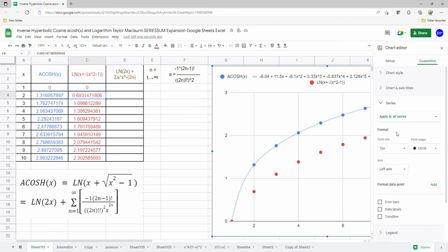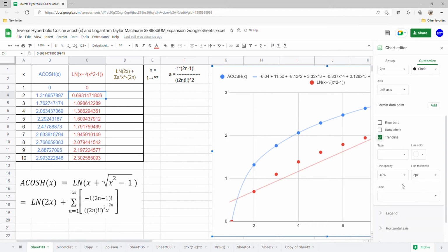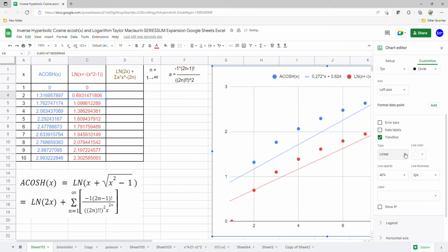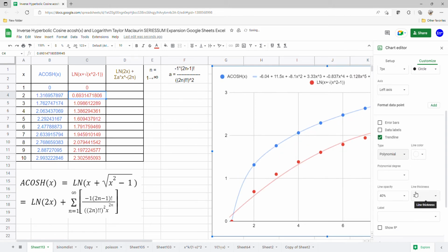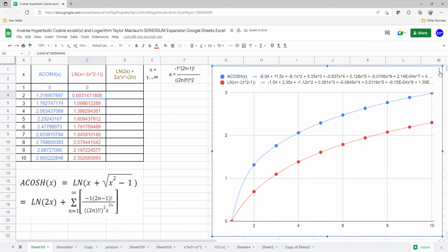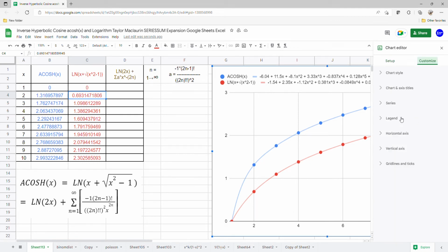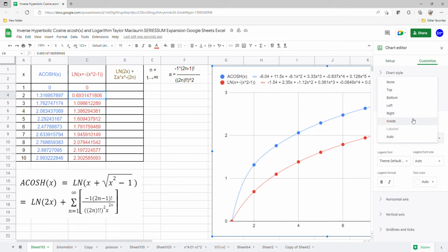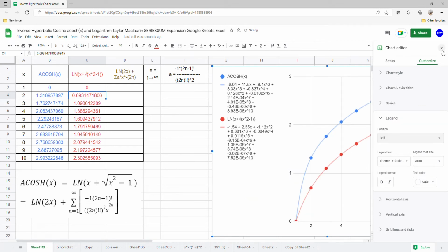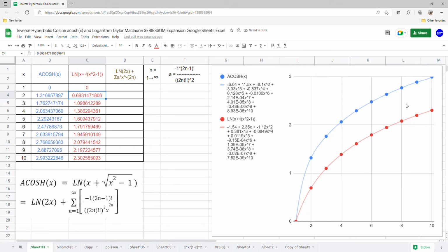The series, the trend line, the type, polynomial, the degree, 10th degree, and for the label, use the equation. And for the legend, we show this at the left. So here we have the trend line and polynomial.